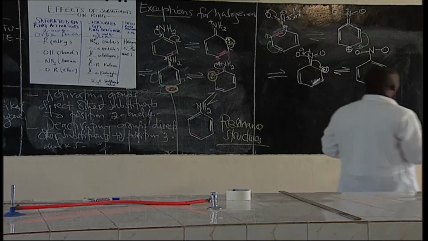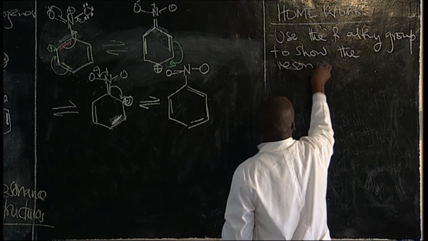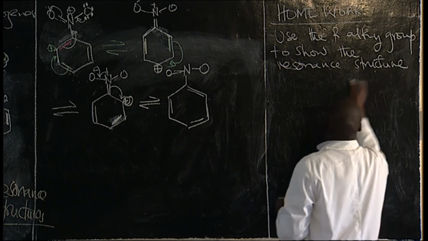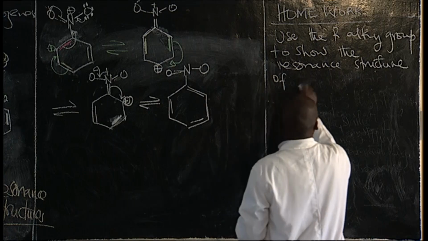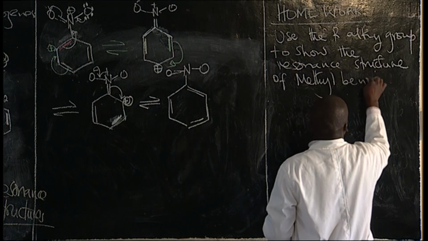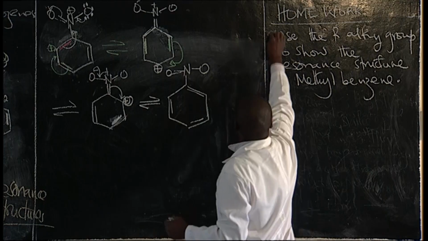So I beg to stop here, but first of all, I just want to give you an exercise. Use the activating group to show the resonance structure of methyl benzene. That is number 1.